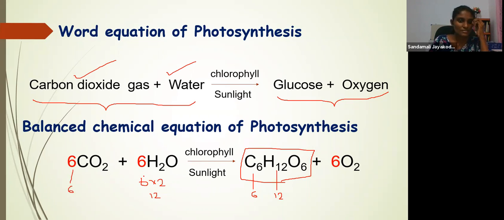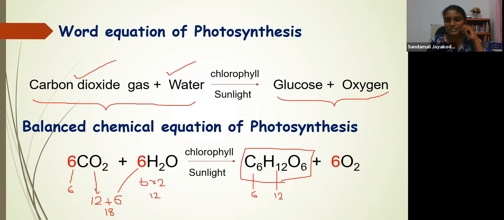And what about the oxygen? Here there are 6 into 2, 12 oxygen atoms in these CO2 molecules. And then there are 6 water molecules. They have another 6 oxygen atoms. So the sum of all oxygen atoms is 18.